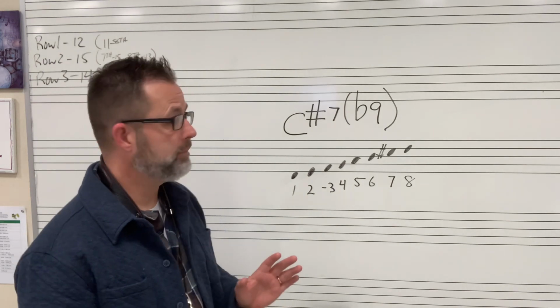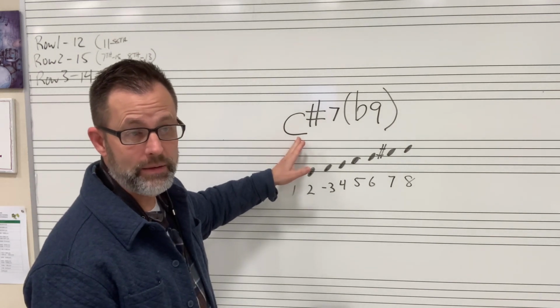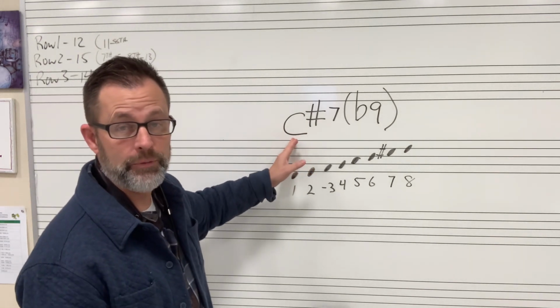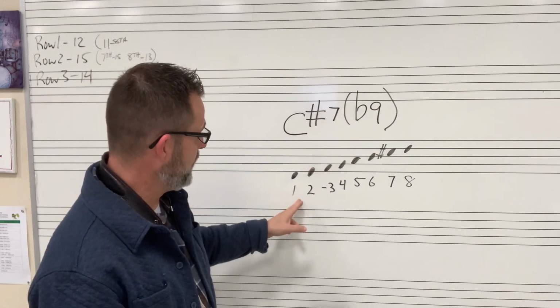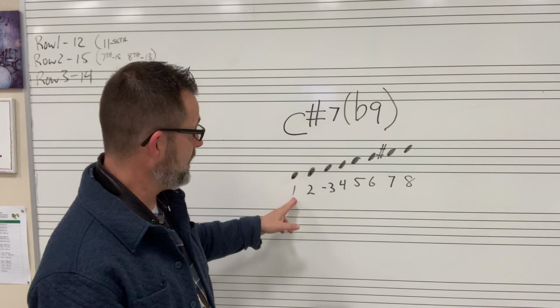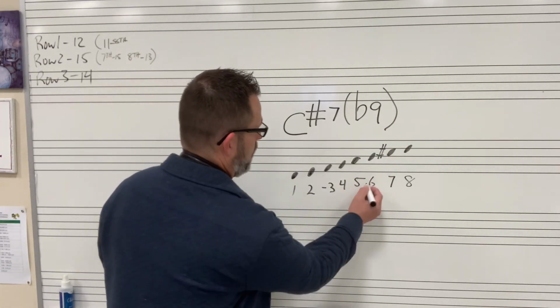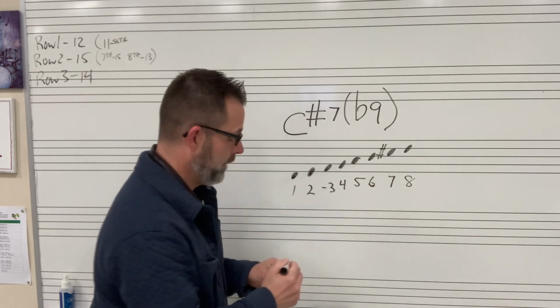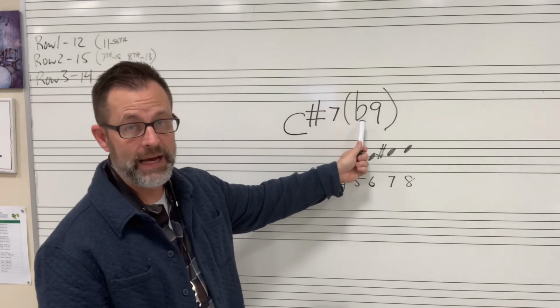So normally in a C sharp scale, 2 would be a D sharp. But if we flat that, now it would be a D. So I go to the flat 9, which now would be a D, and play that scale over a C sharp 7 flat 9.